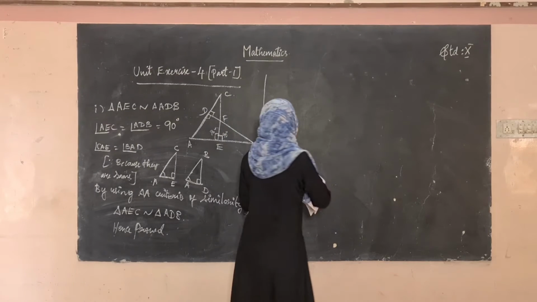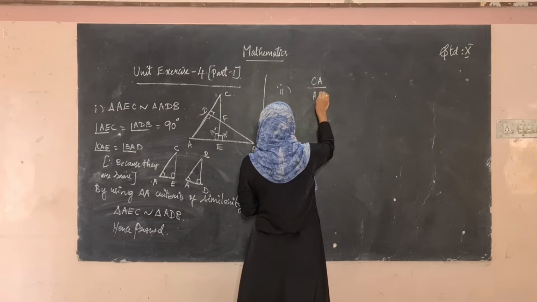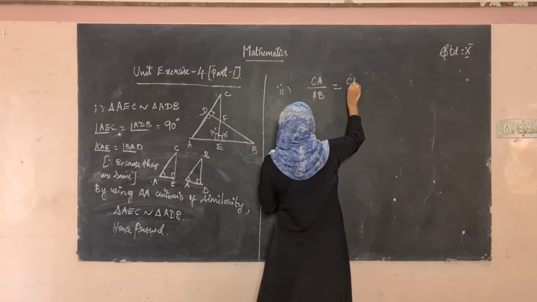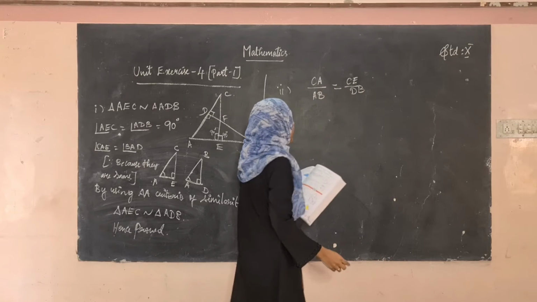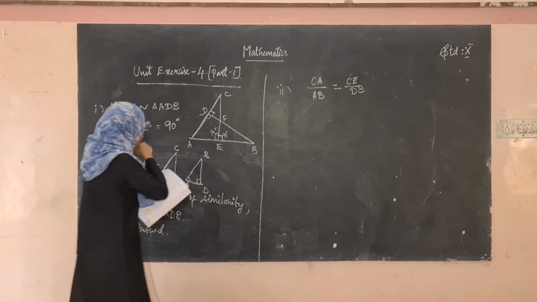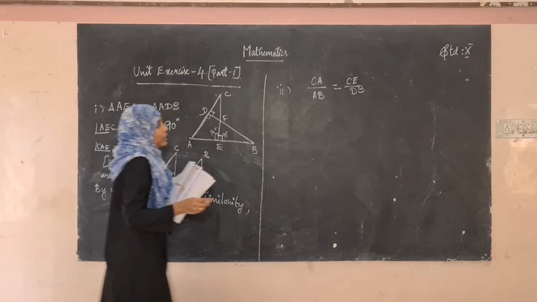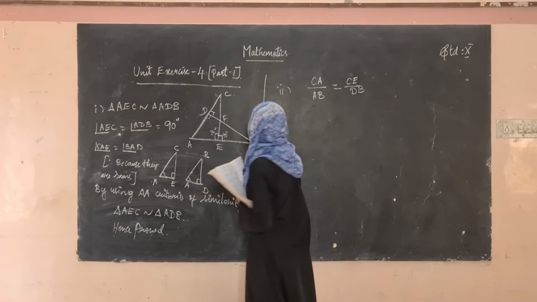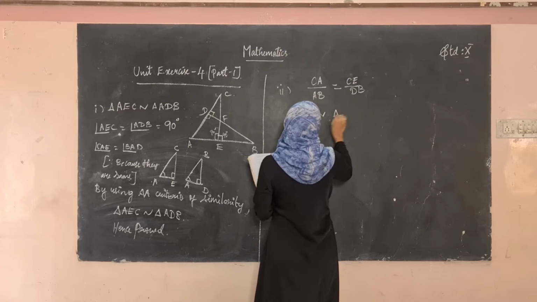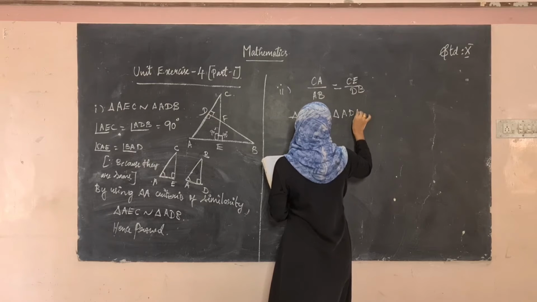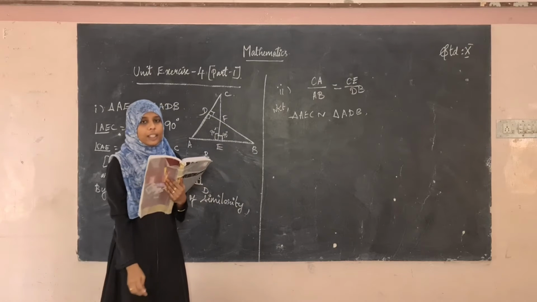Okay, and then see the second subdivision. CA divided by AB is equal to CE divided by DB. Okay, CA divided by AB is equal to CE divided by DB. So, what are the triangles? These two triangles. From the first part we got that triangle AEC is similar to triangle ADB.